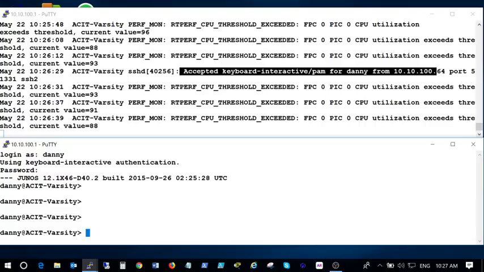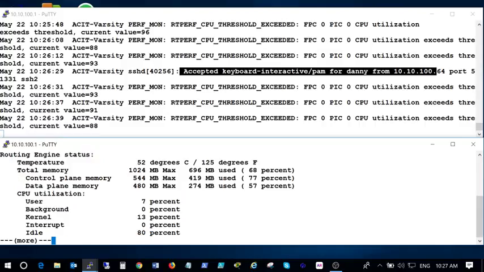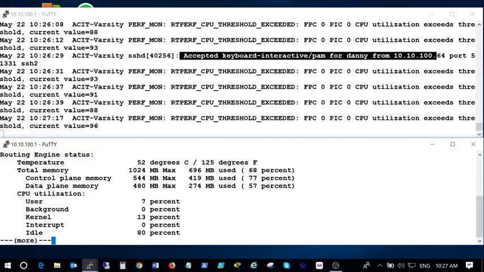So what I might do is take a look for any obvious stresses on my router. I can do a show chassis routing engine, so I can pull that up. To be honest with you, it doesn't look overly stressed because it's idle 80% of the time.